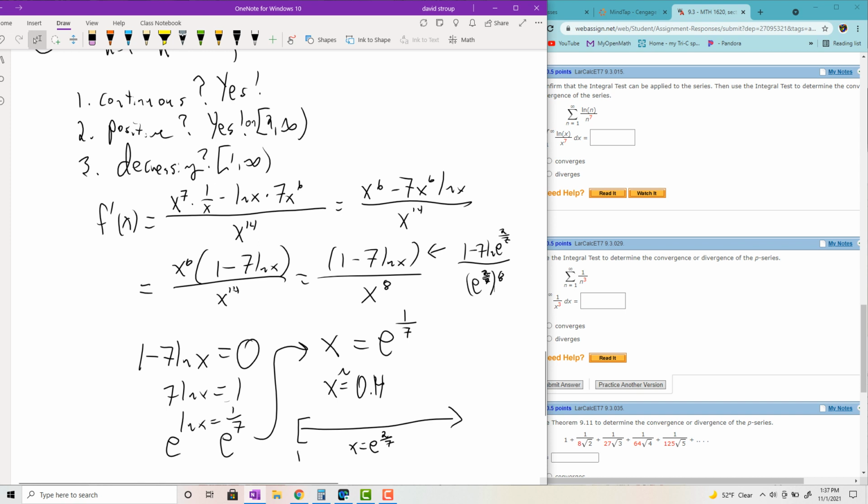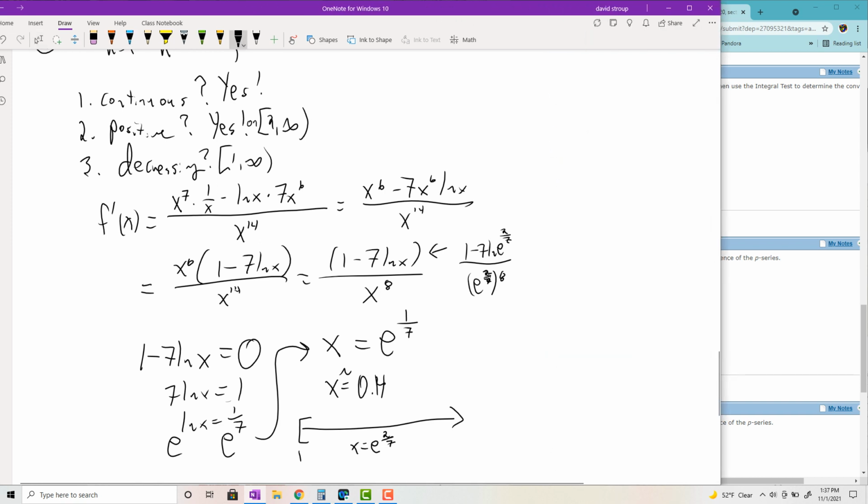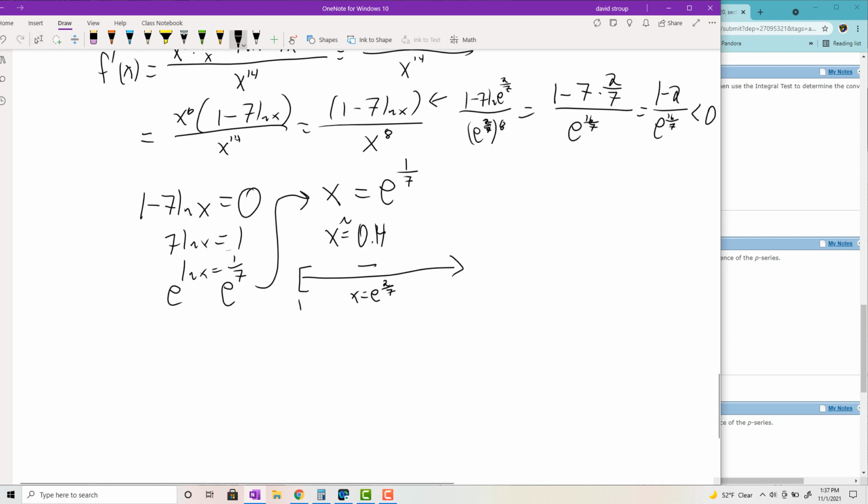And the denominator will be positive. You just have to worry about the numerator. So what is the numerator? That'll be 1 minus 7 times 2 over 7, which will be 1 minus 2, which is clearly negative. In other words, the function is decreasing on that interval.